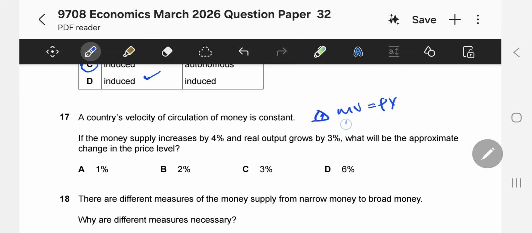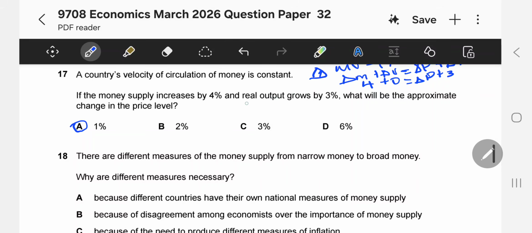So a small change in M plus a small change in velocity should equal a small change in price level plus a small change in output. The small change in money supply is 4, plus the small change in velocity is 0, equals a change in price level, which we don't know, plus a change in output, which is 3. We take 3 to the other side, 4 minus 3, it should be 1. So for question 17, our answer will be 1.